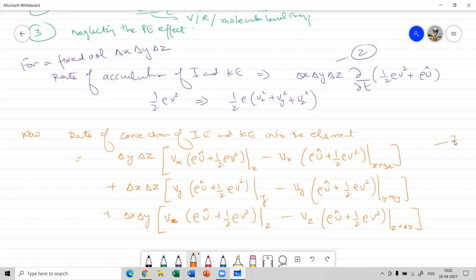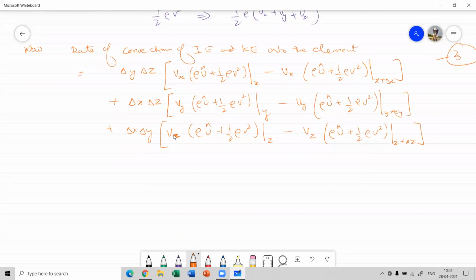So let's name it as equation number 3. This is the rate of convection of internal energy and kinetic energy in all the given directions.